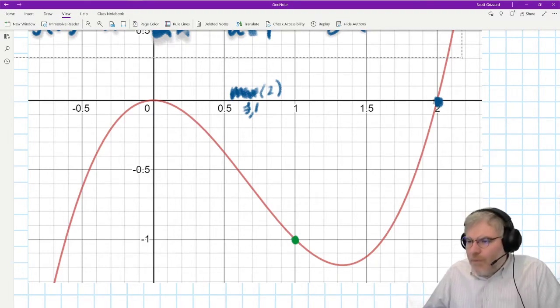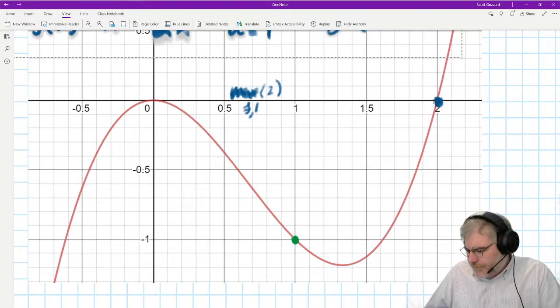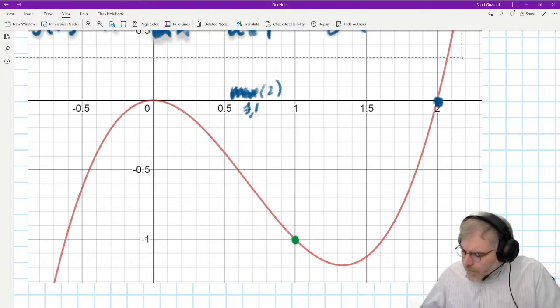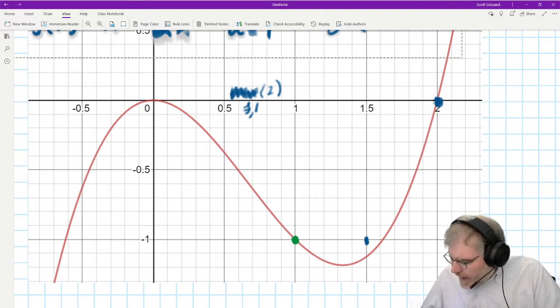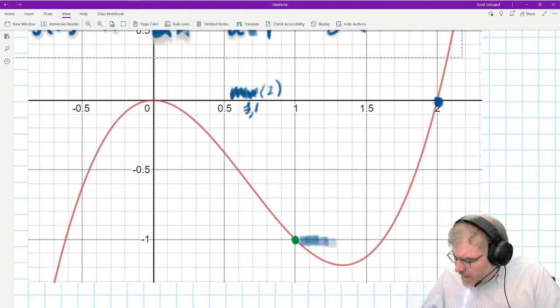What about for 1.5? Well, for 1.5, the max is actually -1 over that interval. So I've got this interesting thing that happens. Here, the max is going to be something like this.